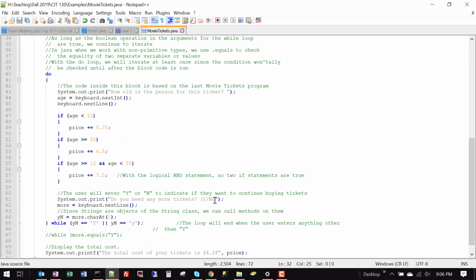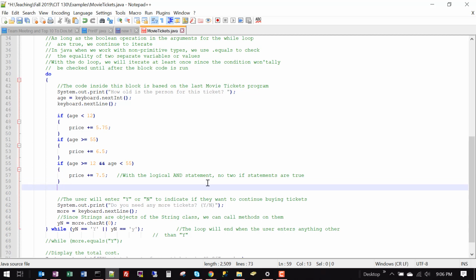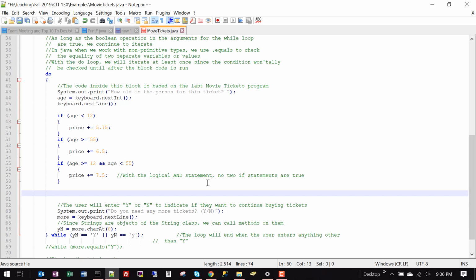So after they have gotten their price based on their age, we're going to say that this movie theater has something called the 11 Club.